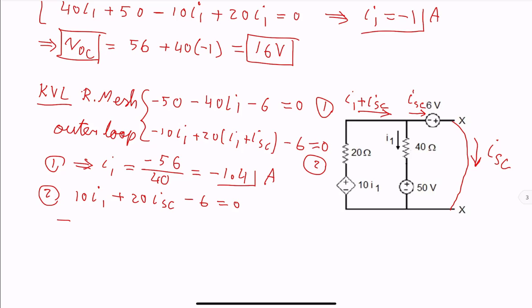So that gives us I short circuit, ISC, equal to 1/20th of 6 minus 10 I1. Substitute for that, negative 1.4, and we get 1 amp.